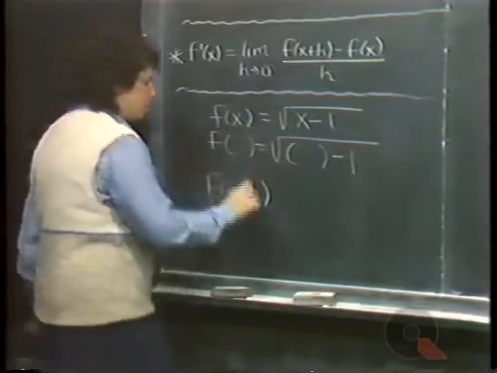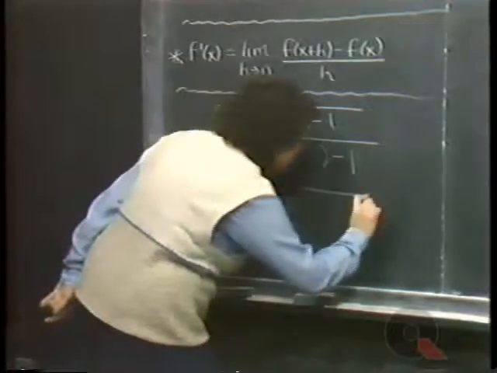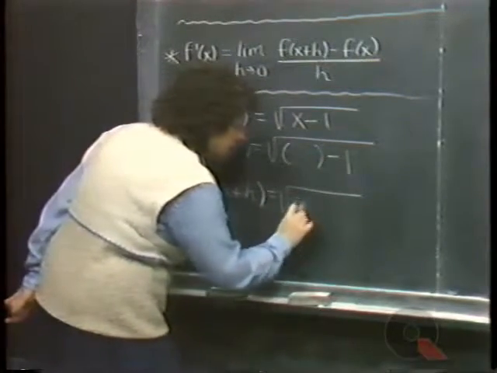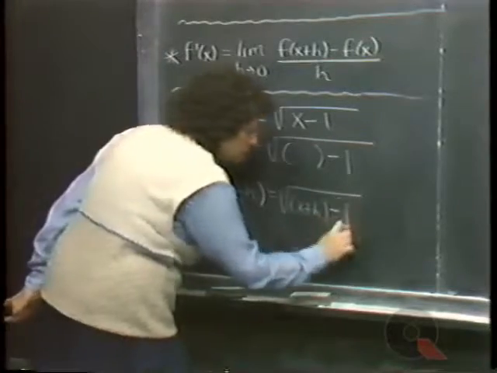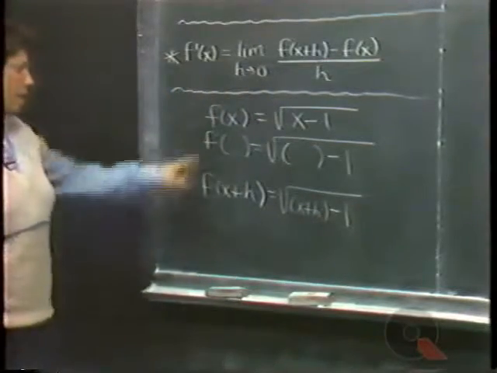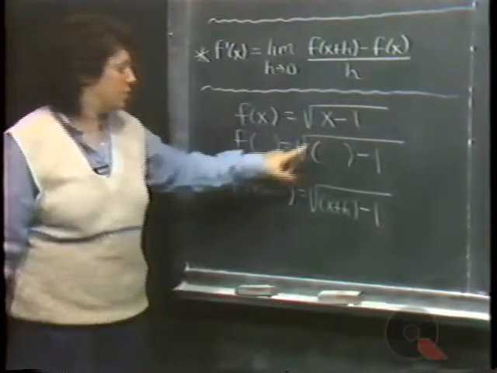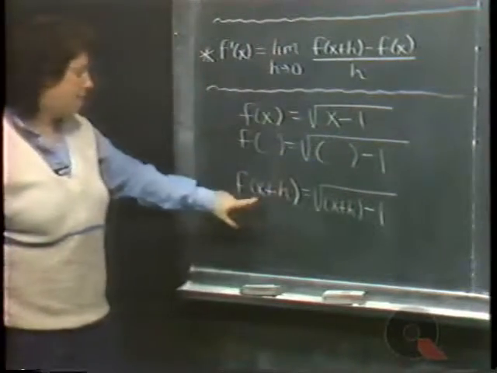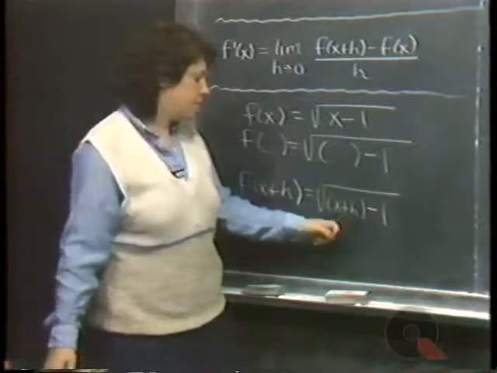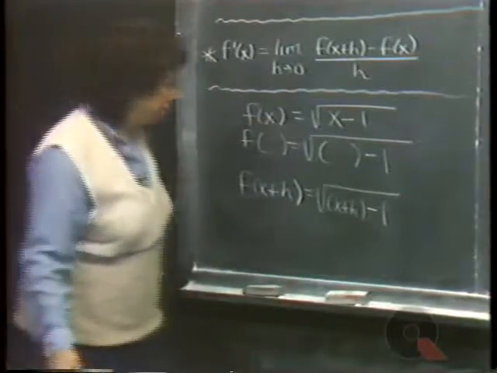So f of x plus h would be the square root of x plus h minus 1. f of 5 would be the square root of 5 minus 1.